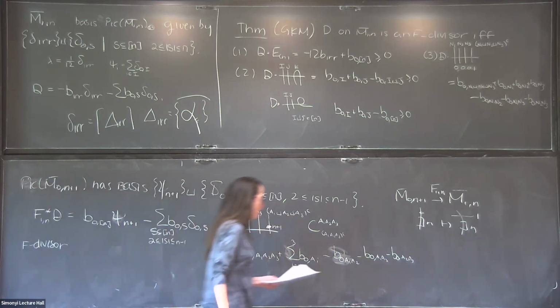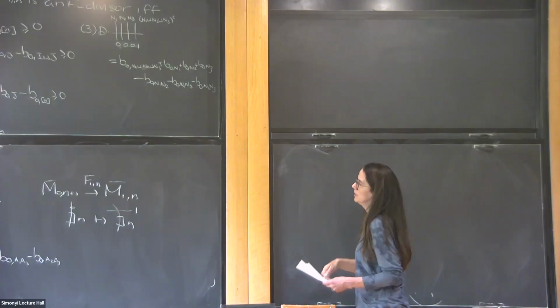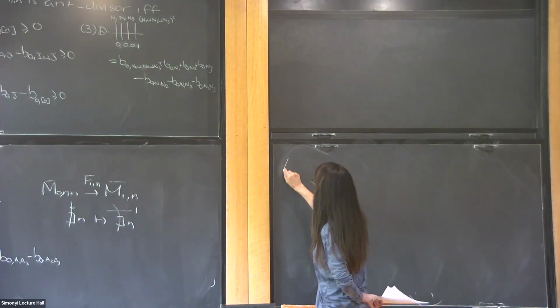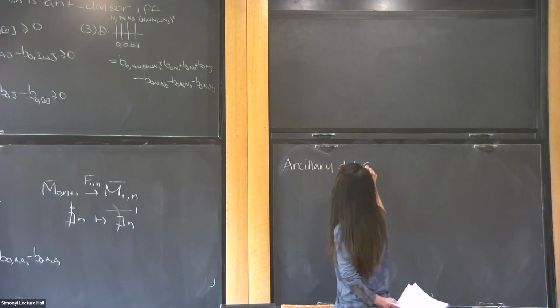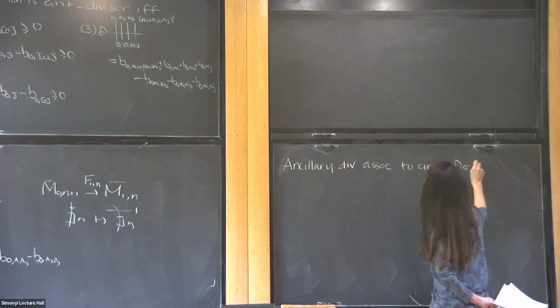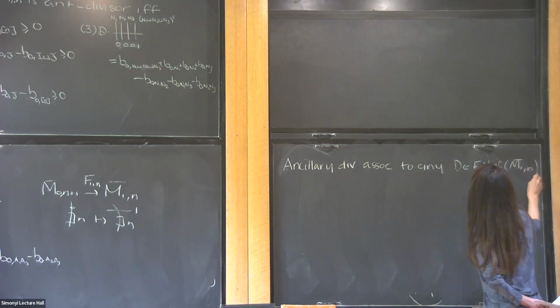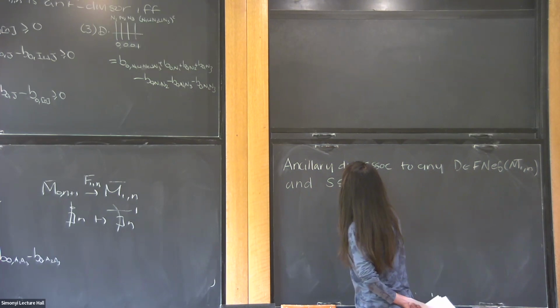And so the technical, there's some ancillary divisors that are really important in the proof. And that is, they're defined, so we call them ancillary divisors associated to any divisor D, and we may as well take it in the F-nef cone of M1 N, and to any subset of the marked points.